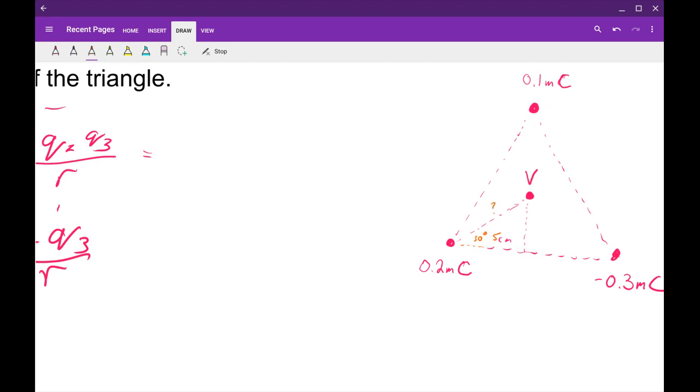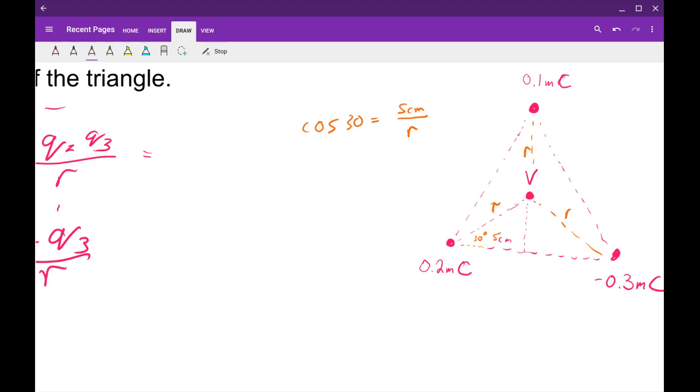I can figure out this distance by using the cosine of 30 equals the adjacent side, 5 centimeters, over the hypotenuse, which is R in this case. So there's my R, and that's the same R in all of these cases.